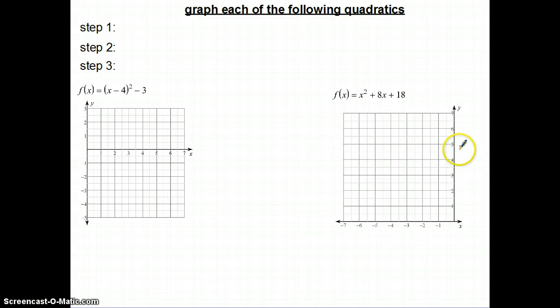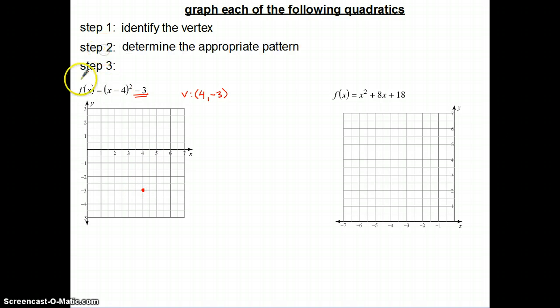Now we're going to go ahead and move on to graphing. Step 1, let's identify the vertex. For this first equation, your vertex has an x value that is opposite the number in parentheses. So my vertex has an x value of positive 4 and a y value of negative 3. I plot that point, (4, negative 3). Step 2, I determine the appropriate pattern.